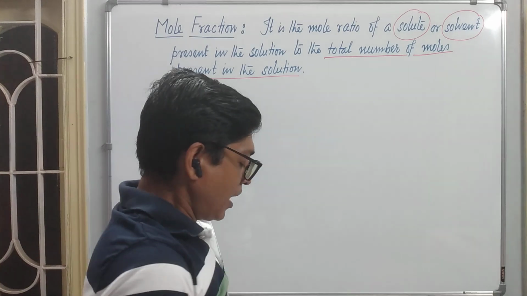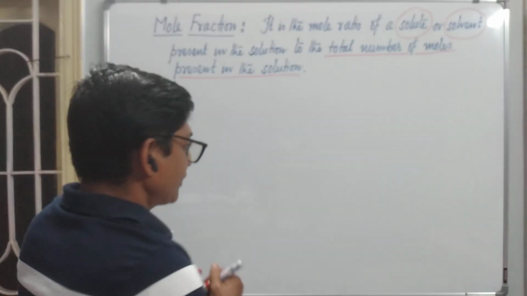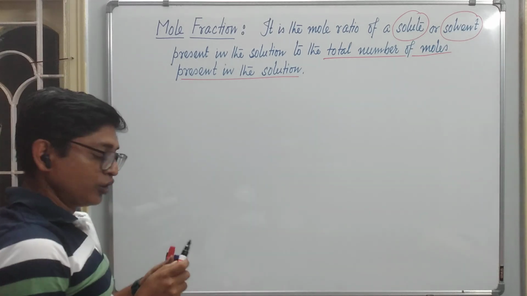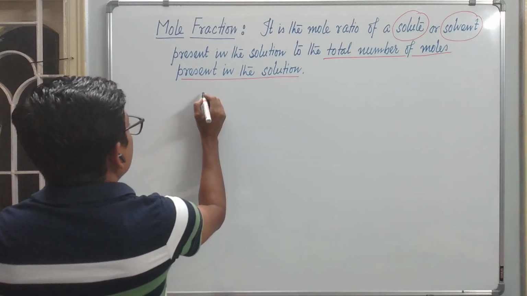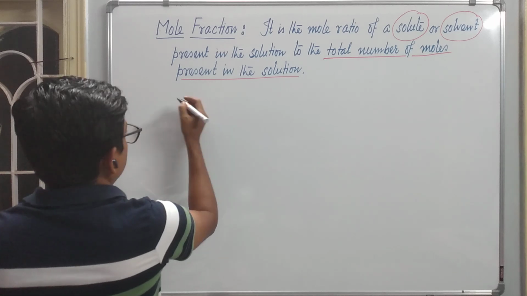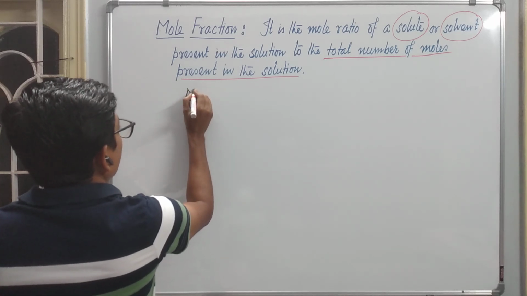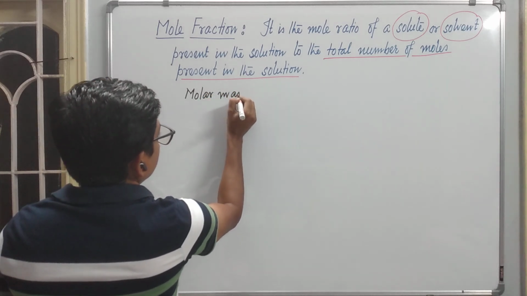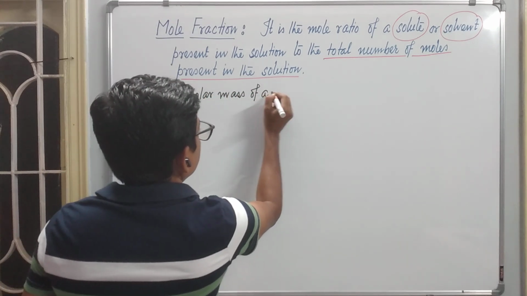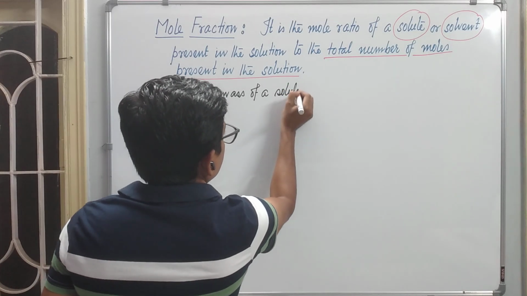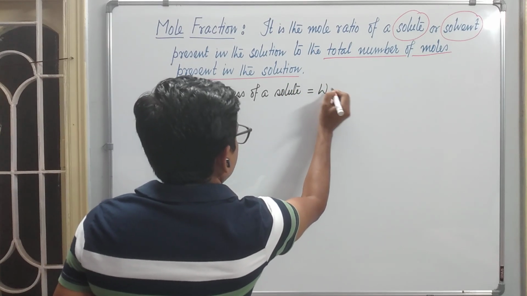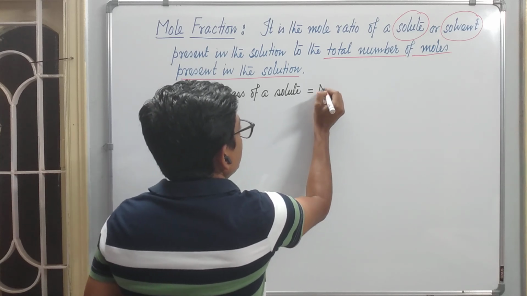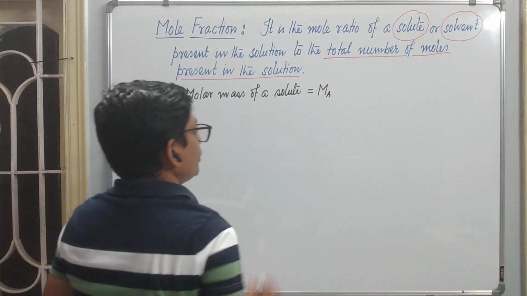Now let's see what it actually means. Say, for example, you are taking a solution with only one solute and one solvent. Let's start with the molar mass of a solute. Let's take it as MA. This is the molar mass of a solute.